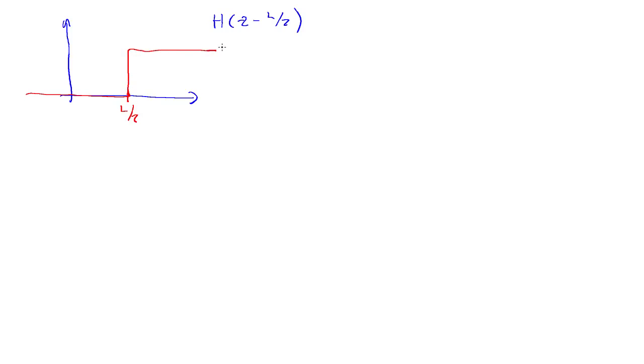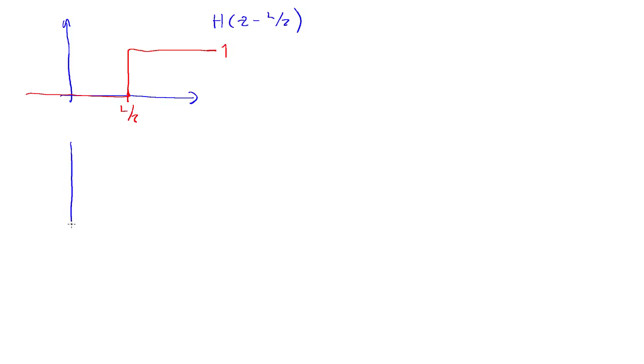And just as a reminder of what these functions look like, if I want to plot H of Z minus L over 2, that's a function that's 0 until I get to L over 2, and then it jumps up to a value of unity there.